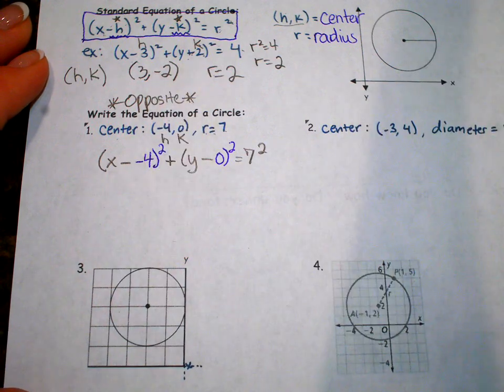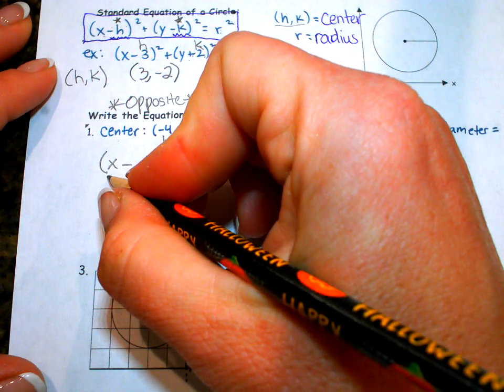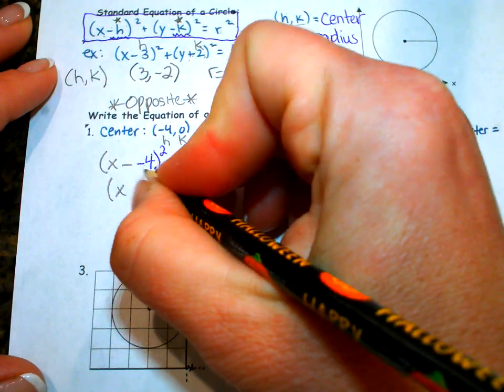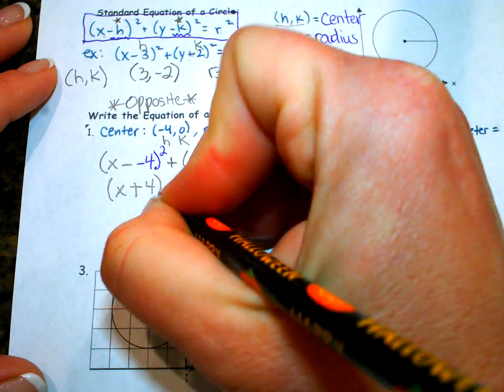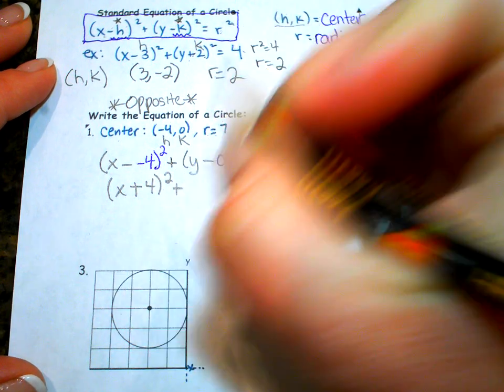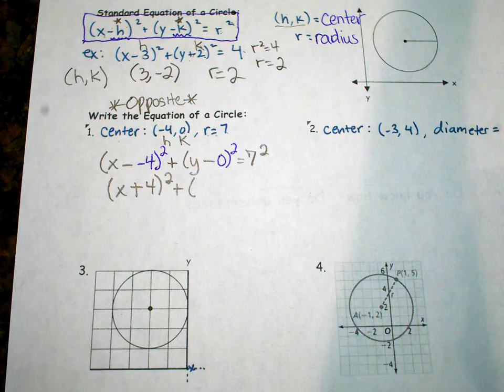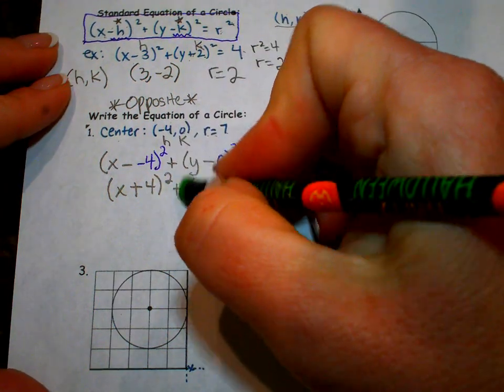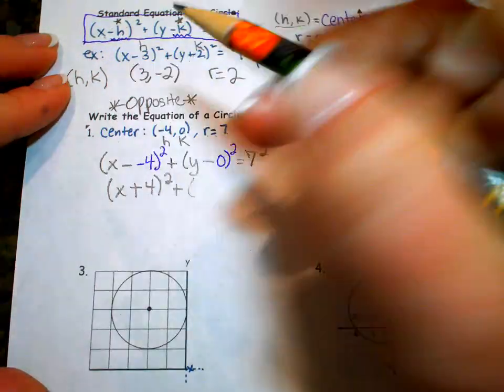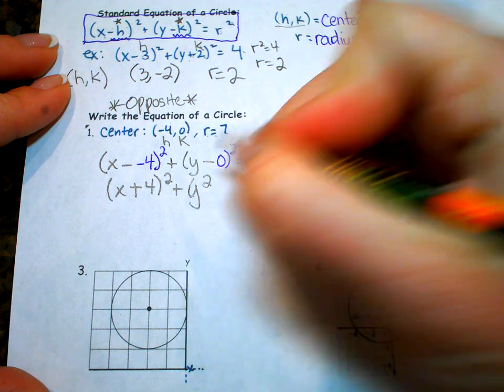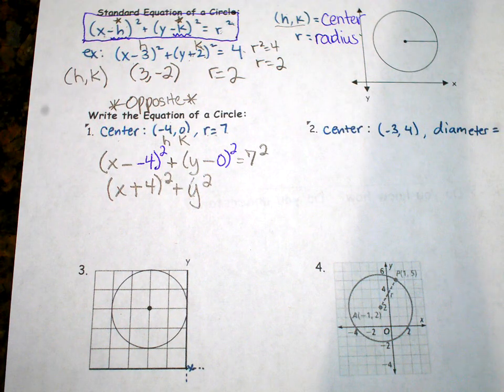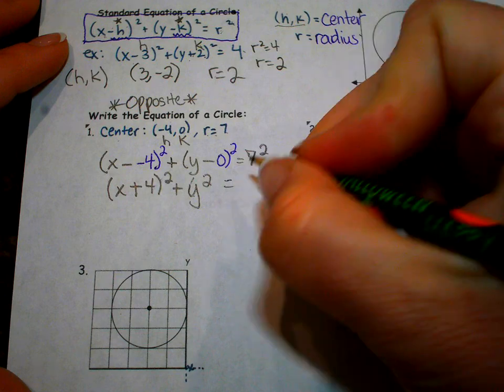So now, let's just simplify it out. x plus 4 squared plus, well, what's y minus 0, guys? I don't even need to put the 0. I'm just going to do y squared, right? 0 squared is nothing. Equals 7 squared.